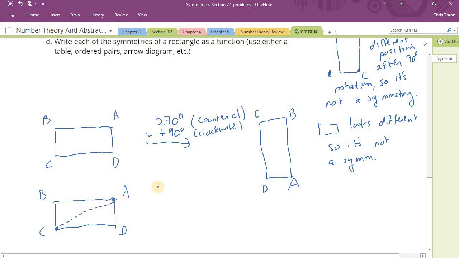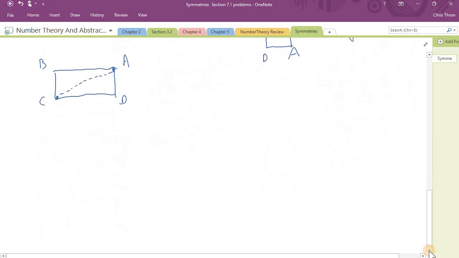You're going to get something like, the A and the C are not going to move. So they're going to look like that. But the B and the D are going to be in different positions. Sorry, that's A and C. I should leave myself a little more room. Let me move this one down a little more so I have more room.